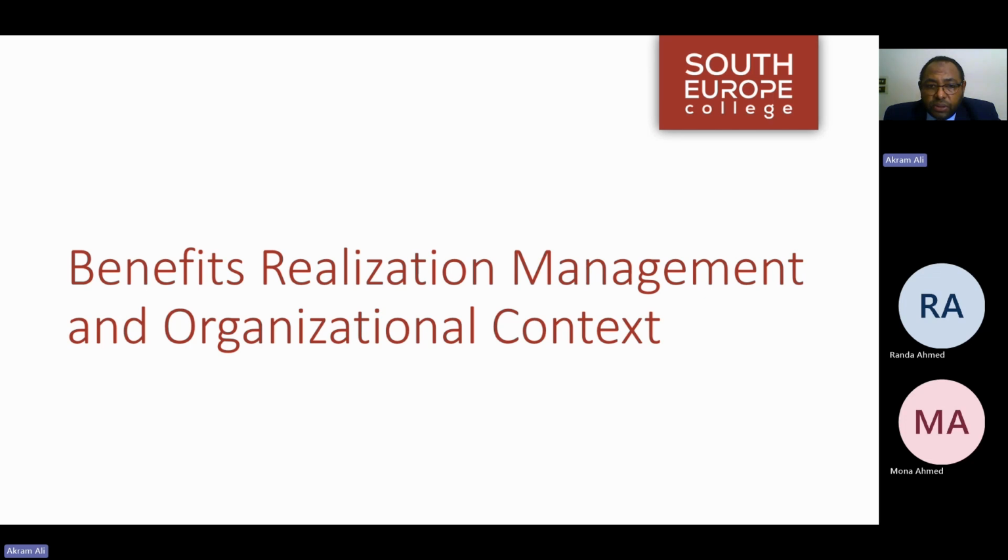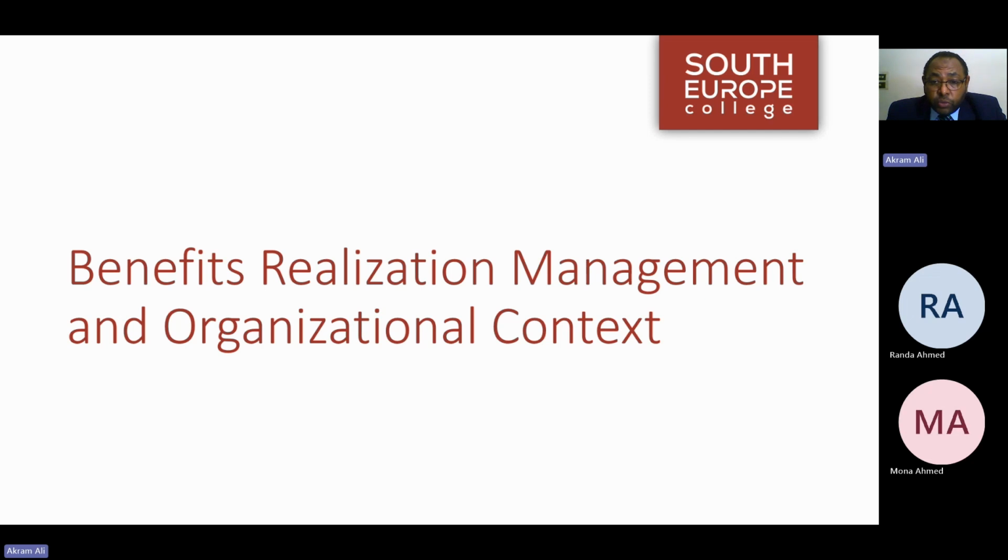Now we are going to discuss benefits realization management within an organizational context. So benefits realization management encompasses the standard methods and processes that an organization uses for identifying benefits, executing its benefits realization management plans, and sustaining the realized benefits facilitated by portfolios, programs, and project initiatives.